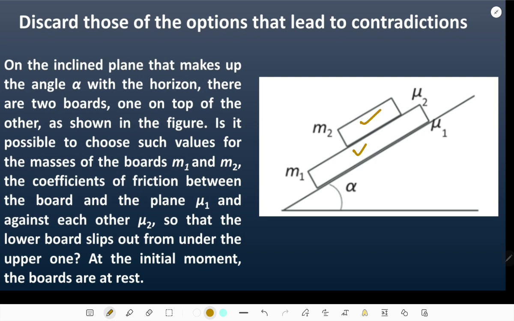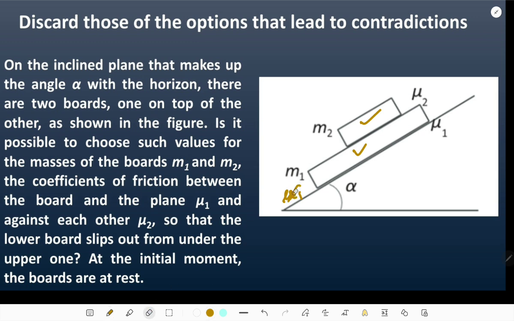Is it possible to choose such values of the masses of the boards m1 and m2 and the coefficient of friction between the board and the plane? Board and the plane is mu1.